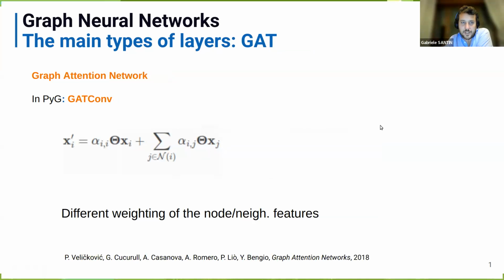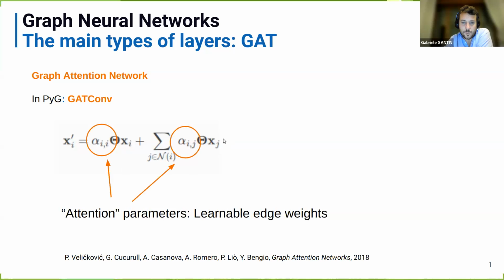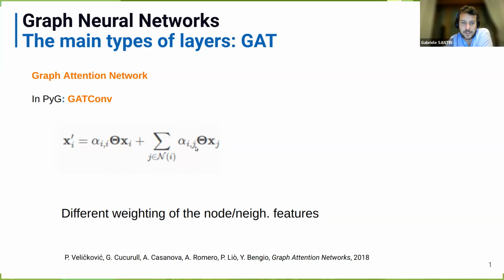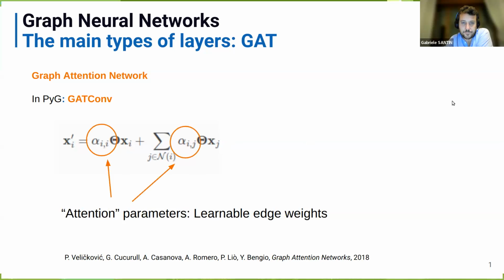Then another one is the graph attention network, which is very famously used. It's an attention mechanism, for those who know what this means. The point here is that there is a different weighting of the single node and of the neighboring features, and there are these learnable attention parameters. These are essentially weights on the edges, so they also learn an importance of the connection between the neighbors.